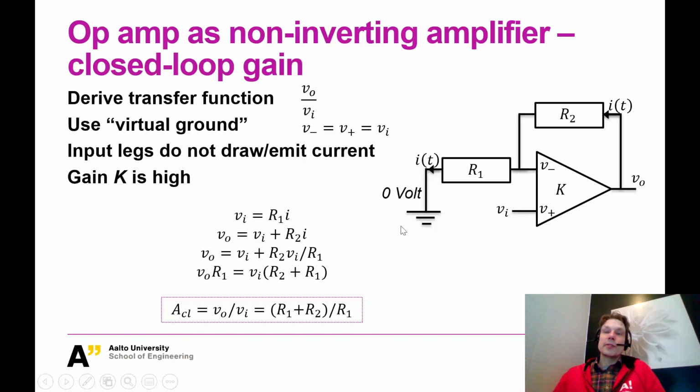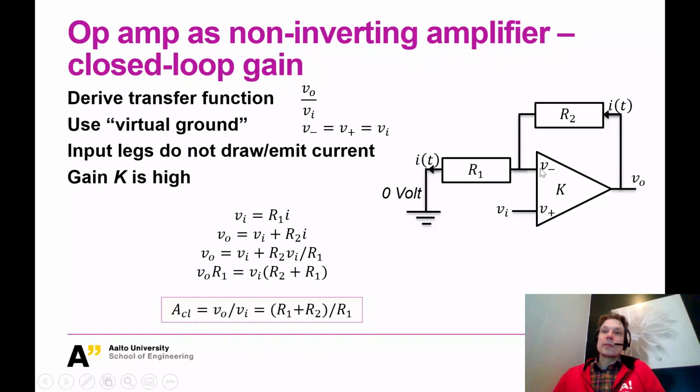And now this point is grounded. So whatever voltage you have here, you can always calculate the current flowing here to 0 volt, because you know that this is at some potential and this is at 0.